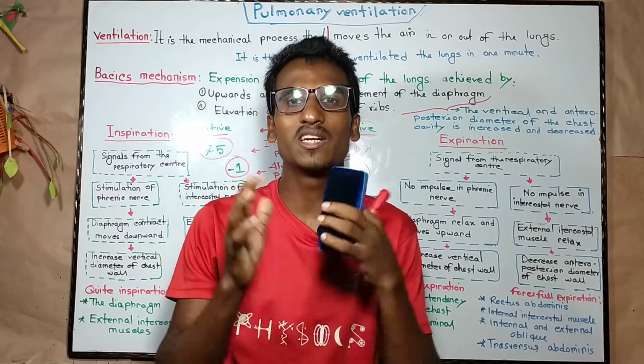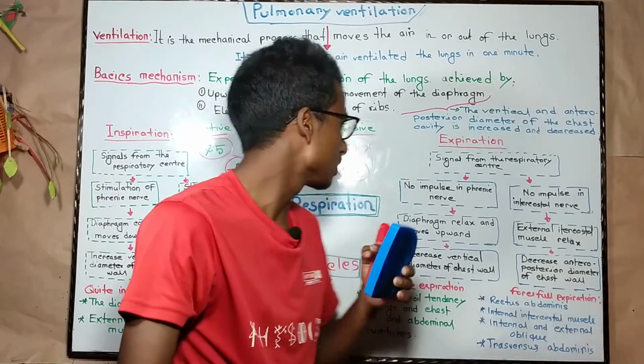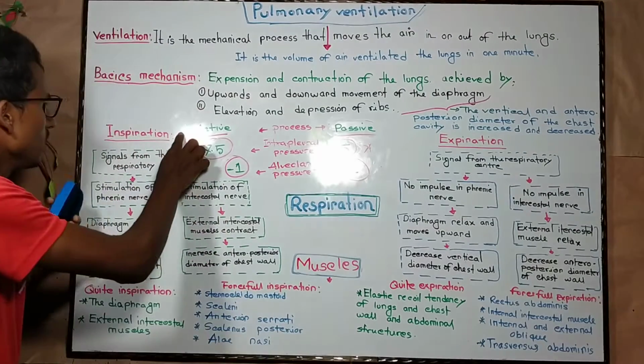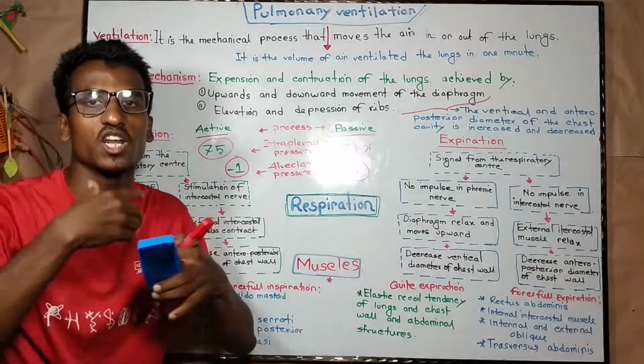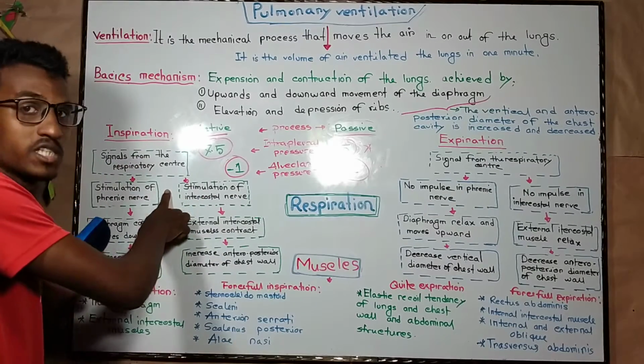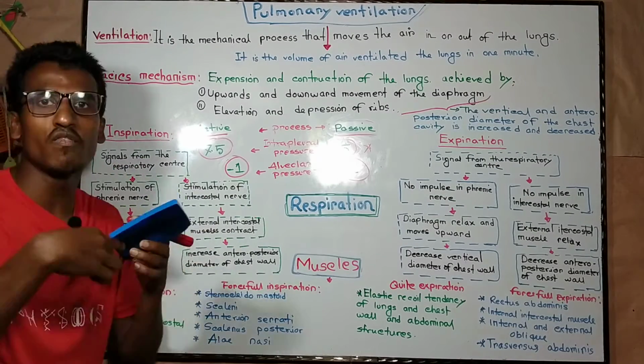So, look at the diagram. In case of inspiration, firstly, signal from the respiratory centers goes through, and at the same time, there is stimulation of the phrenic nerve.